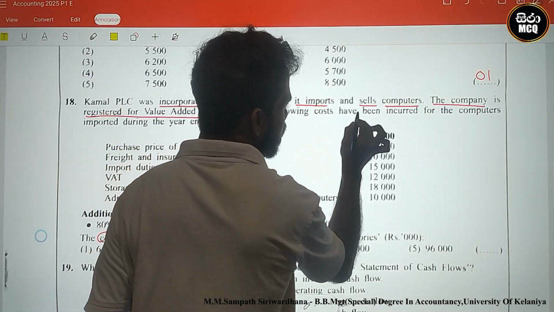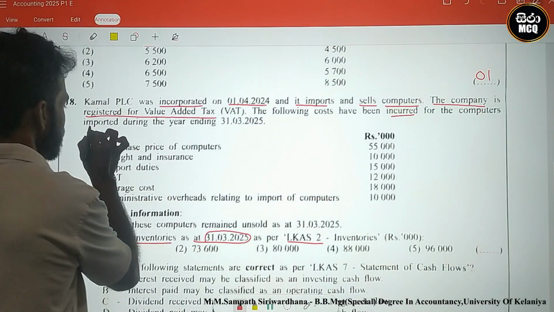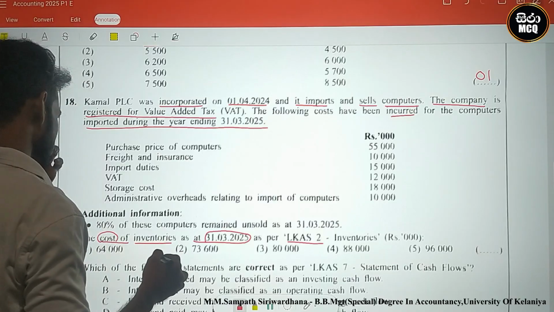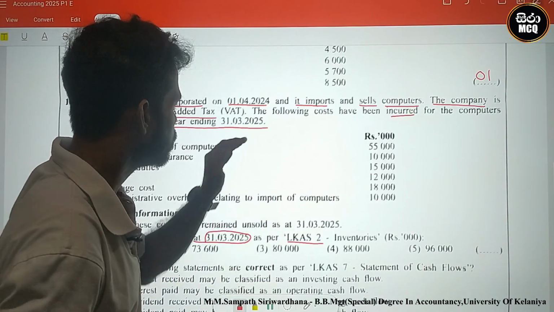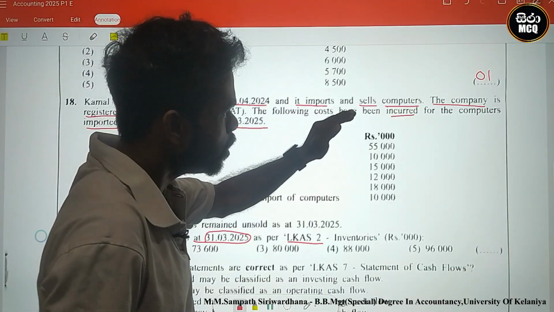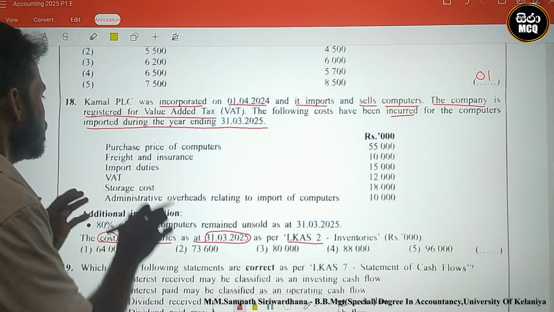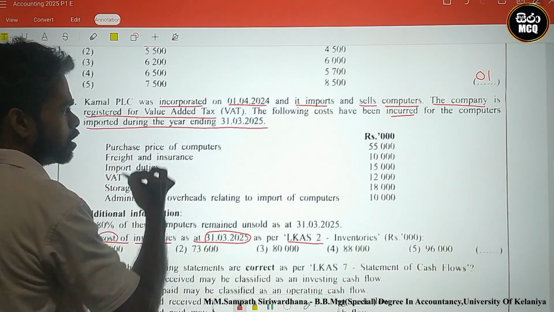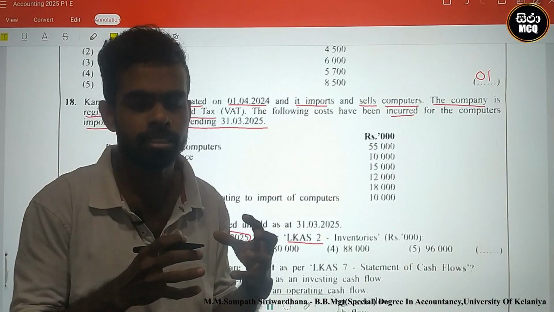The following costs have been incurred or paid for the computers imported during the year ending 31st March 2025. This is the question. During the year, this is the total.